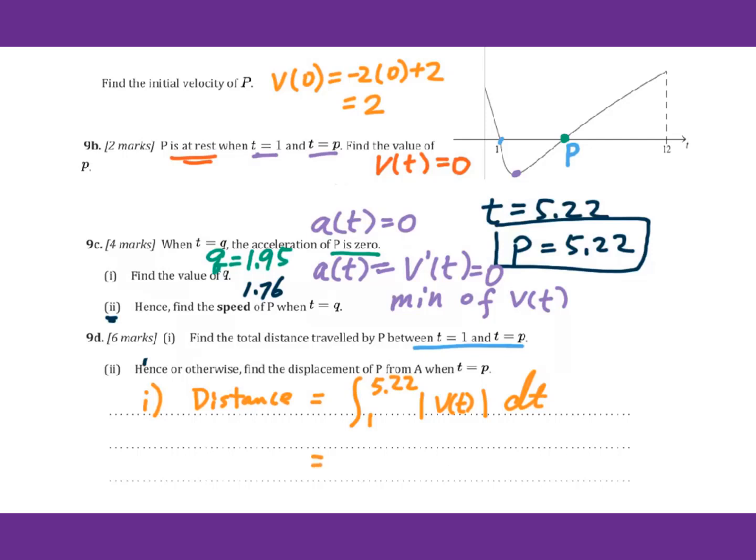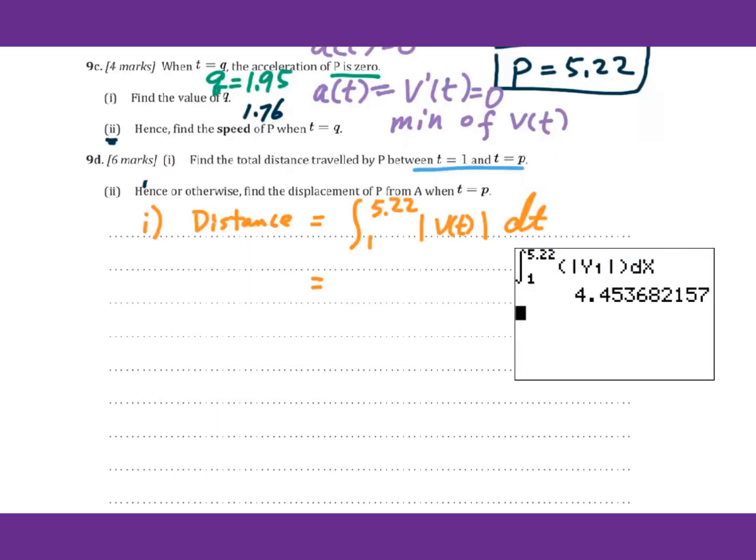Then put it into the calculator. Make sure you put y1 equals the velocity function. Then using this integral, you will get 4.45.